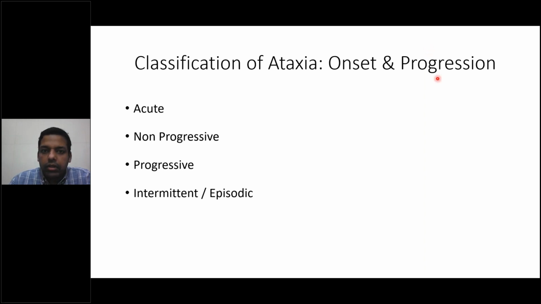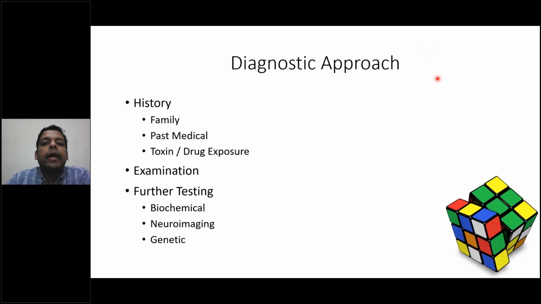Our primary diagnostic approach towards ataxia is based on our history. The important things in history for ataxia particularly are the family history, a past medical history, or a toxin or a drug exposure history.